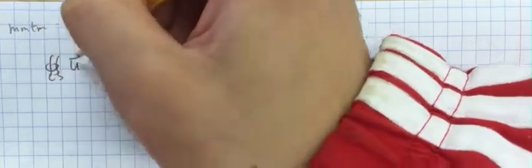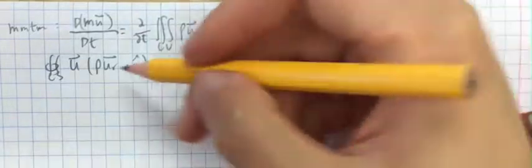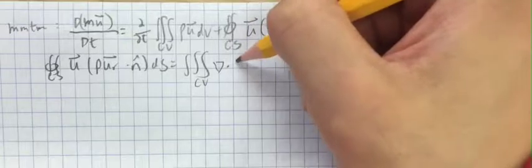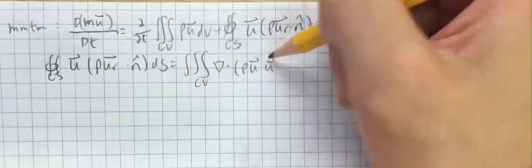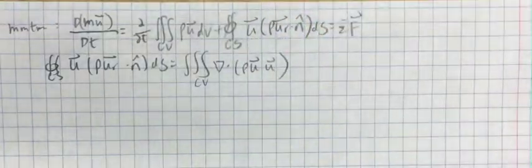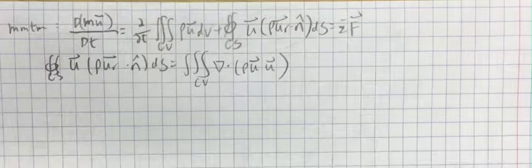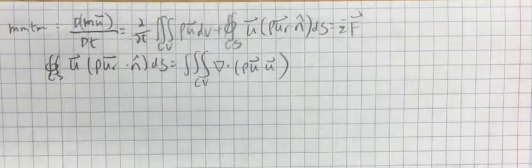So first we consider this, u rho u_r dS. This thing is equal to the integral over CV of the divergence of the things inside, rho uu. So here we see the importance that we don't write a dot here, right?